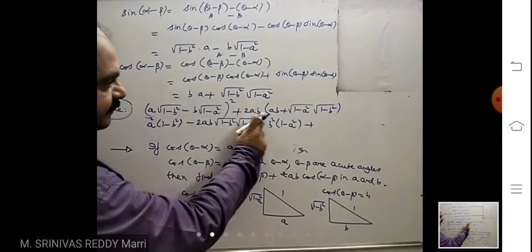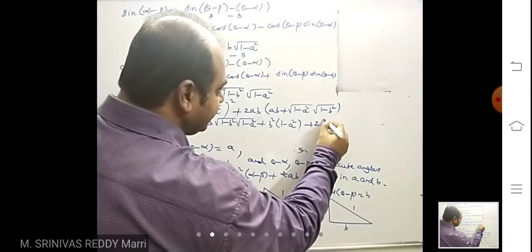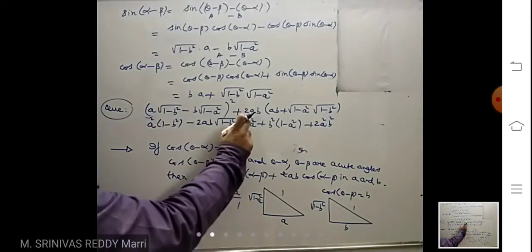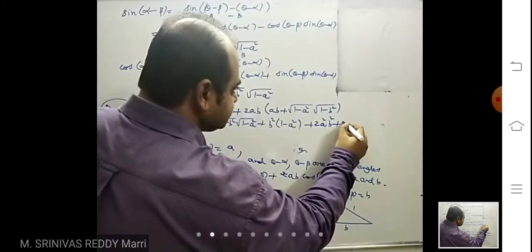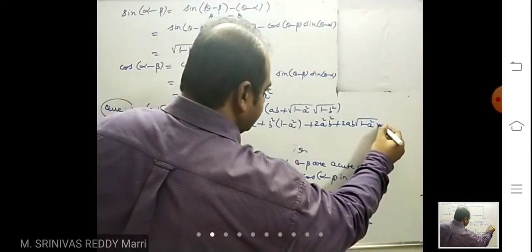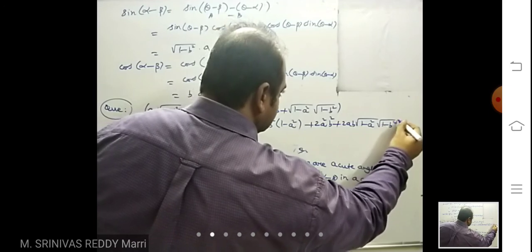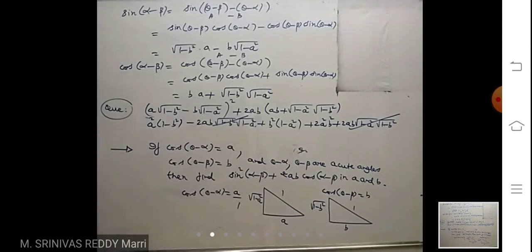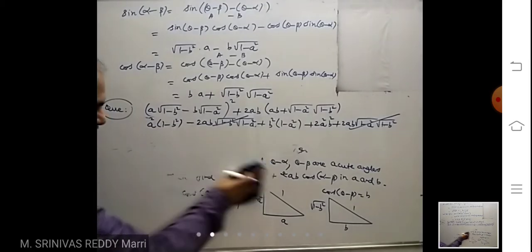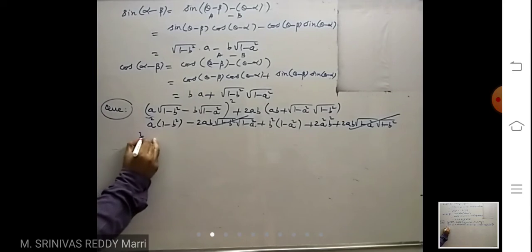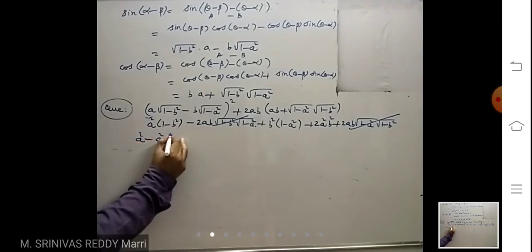So look at, you multiply this one, this is 2a square b square. Now multiply this plus 2ab into root of 1 minus a square, root of 1 minus b square. This and this will get cancelled. Now multiply here, a square minus a square b square.